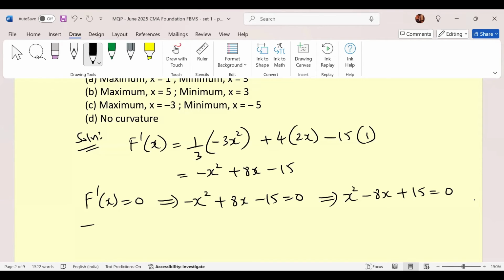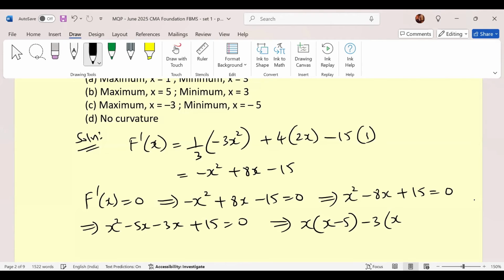We can split this 8x negative as minus 5x minus 3x plus 15 equal to 0. First two terms common is x, so x minus 5. Next two terms common is negative 3, x minus 5 equal to 0, which means x minus 5 times x minus 3 equal to 0. That means x values can be 5 and 3.